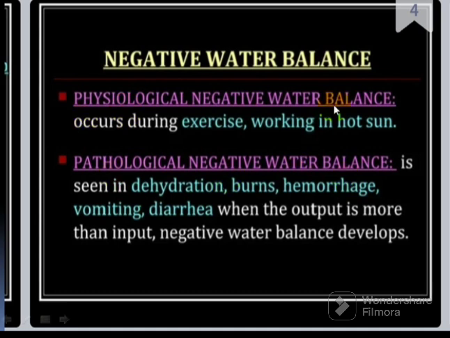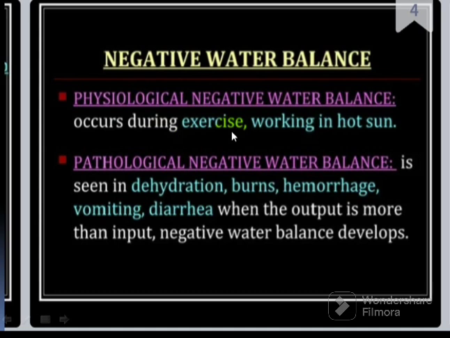There are also physiological and pathological variations. Like your body water content can be low during exercise and working in the hot sun. You know, when you are exercising or you are under the sun doing strenuous activity, you sweat and you lose water.